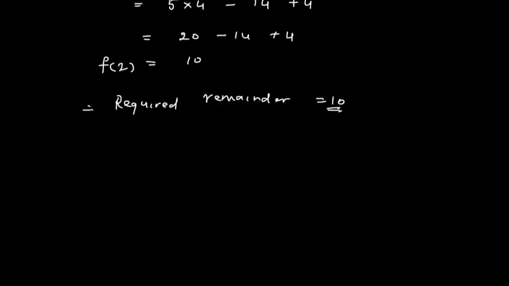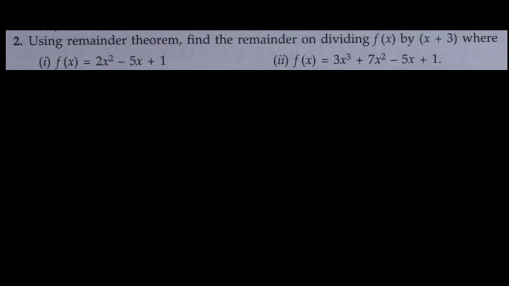Now let us see the second question. Use the remainder theorem to find the remainder on dividing f(x) by x plus 3. I will try the second question, you try the first question. What is the second question?